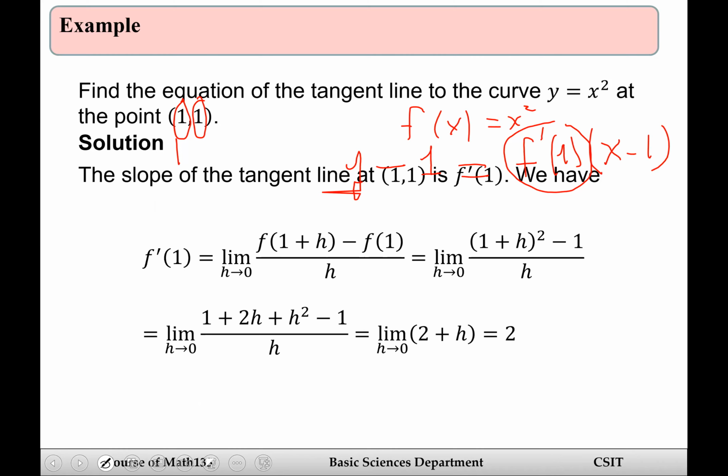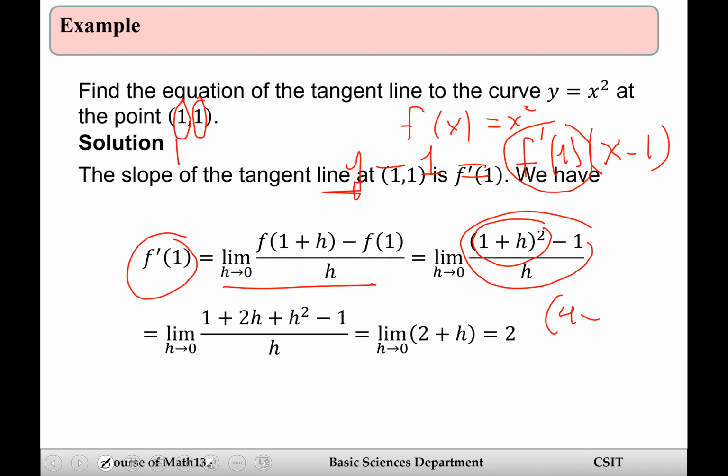So here, if we compute this limit, we expand the square, 1 plus h squared, which is of the form a plus b squared, equal to a squared plus 2ab plus b squared. You obtain this, minus 1, then you simplify by 1, and you will get 2h plus h squared. Then put h in factor.